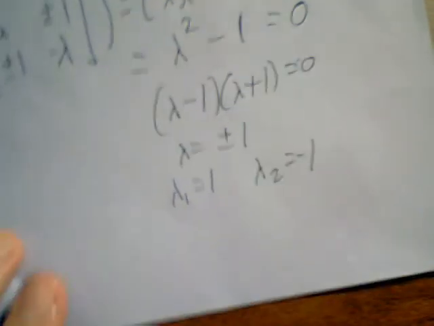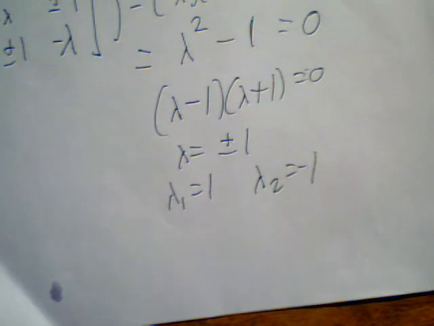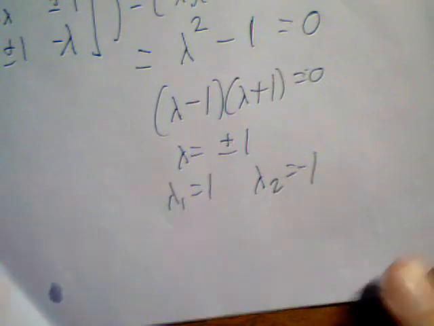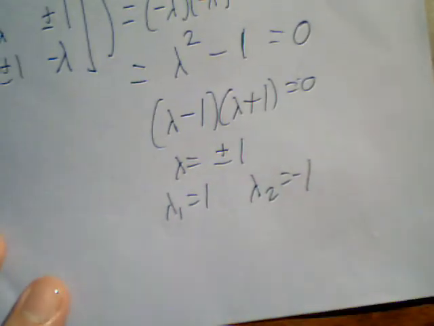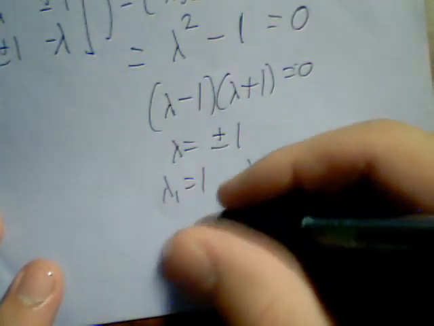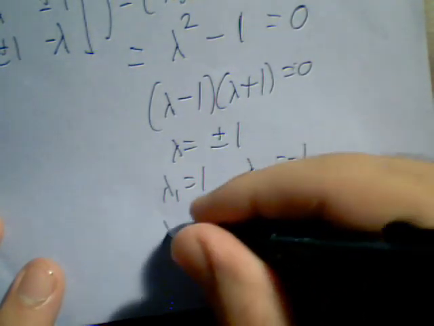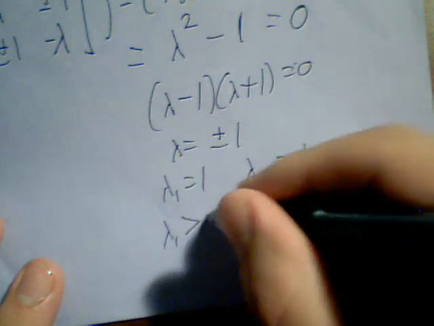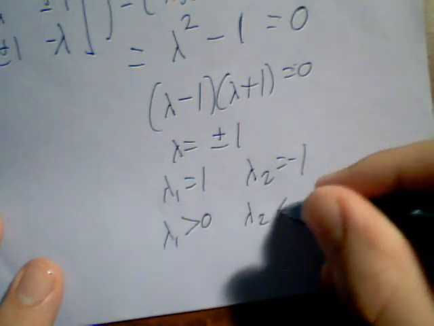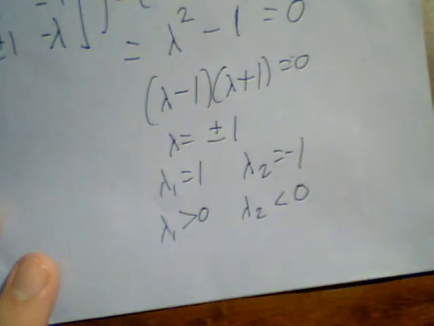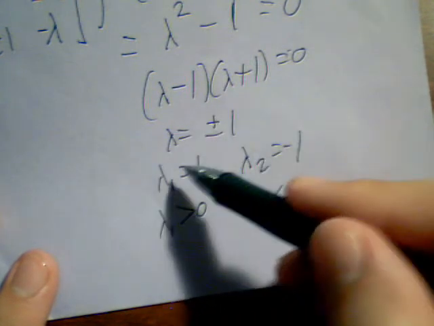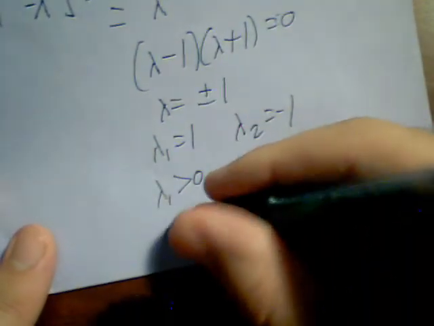Now we check this against the checklist, which is also in the book. Lambda 1 is greater than 0 and lambda 2 is less than 0, so these have opposite sign, which means I'm at a saddle point.